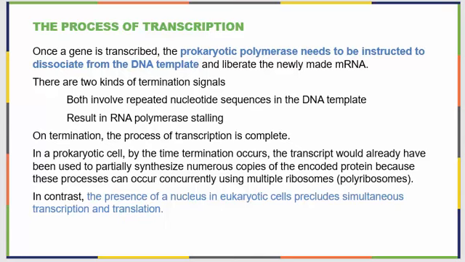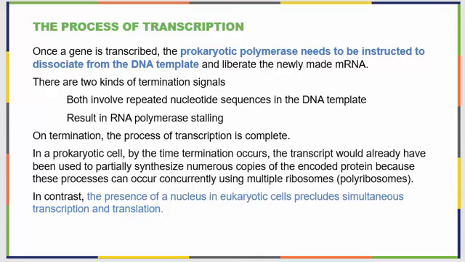Once you transcribe a gene in prokaryotes, the prokaryote polymerase needs to be instructed to dissociate from the DNA template. So what that means is that you have to have special instructions to let the polymerase know, hey, it's time to let go. There are a couple different signals that let the polymerase know that. There are two different kinds.